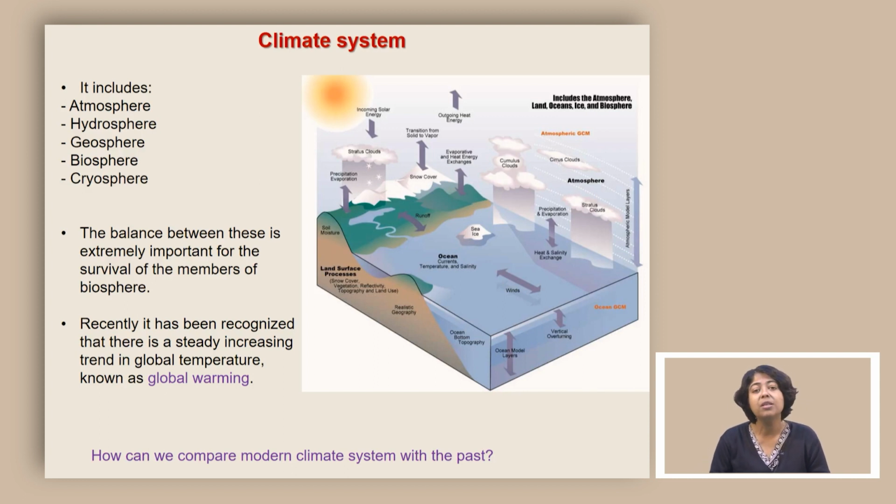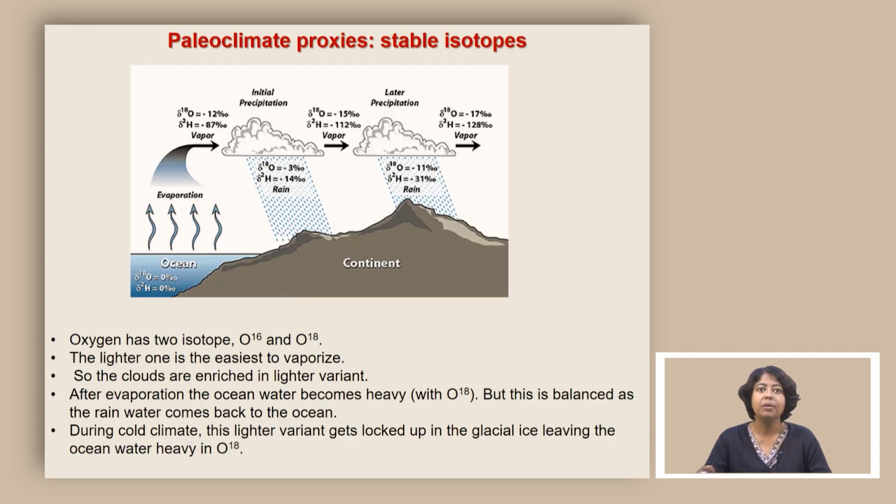We are going to first start with a bit of geochemistry. So, one of the very important aspects of paleoclimatic reconstruction, or ways to understand paleoclimate or paleoclimate proxies, is through using stable isotopes.